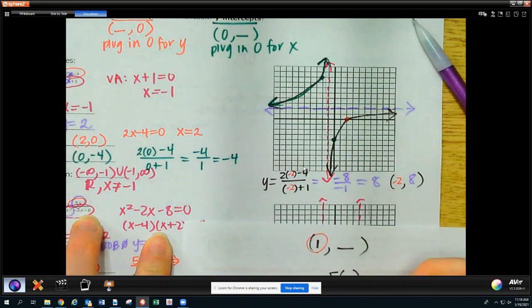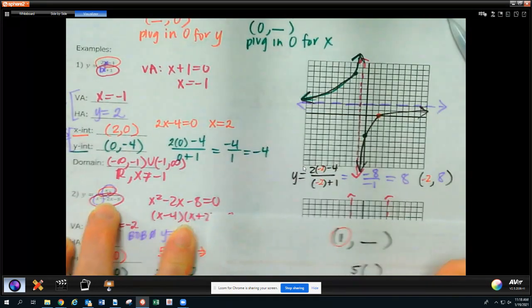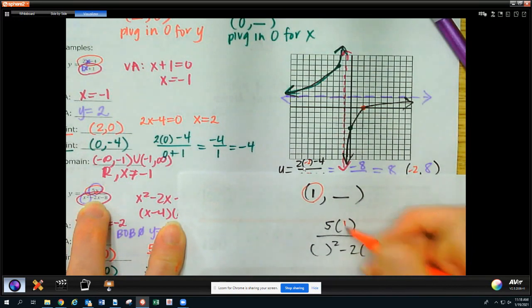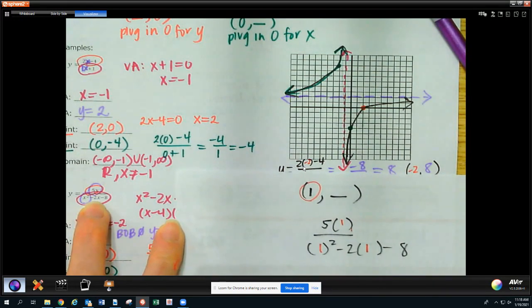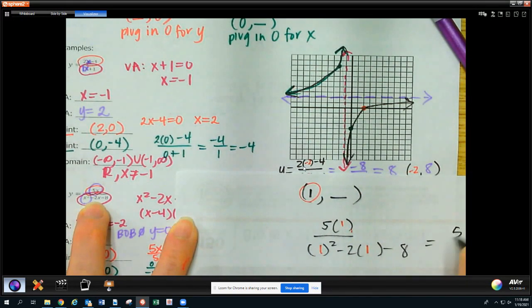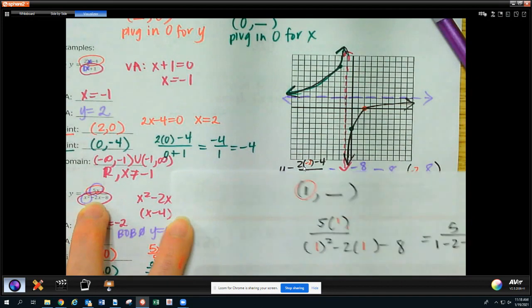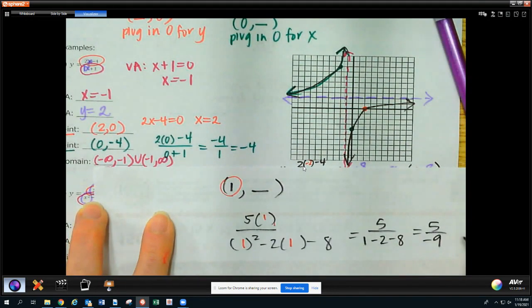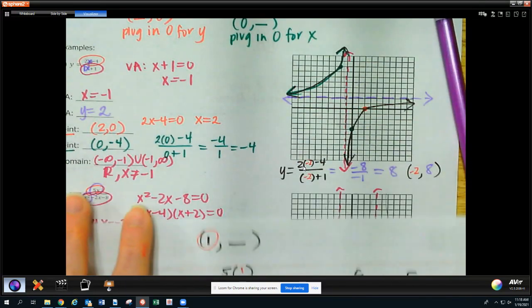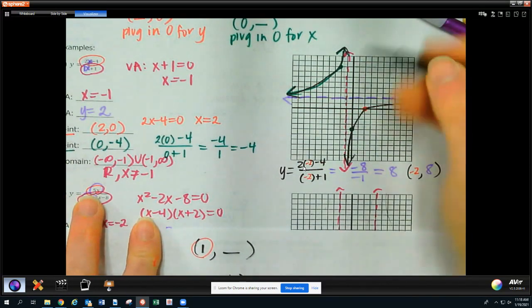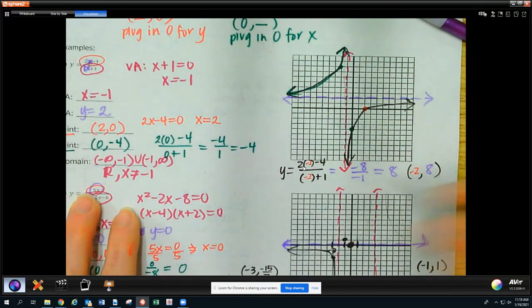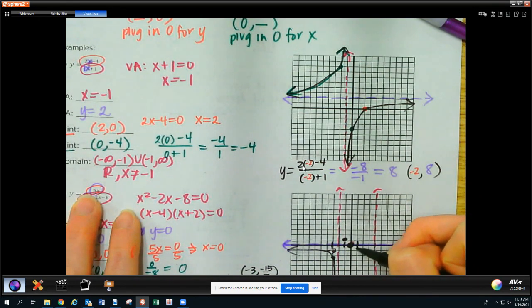So 1 is going in for x in this original function. So here, here, and here. 5 times 1 is 5. 1 squared is 1. -2 minus 8, which is -1, -9 on bottom. So -5/9 would be down here, not quite -1.